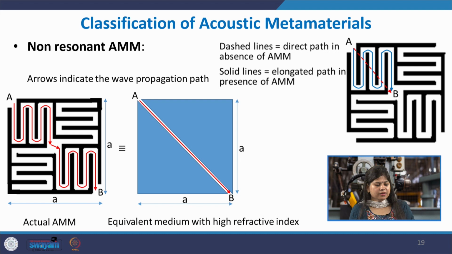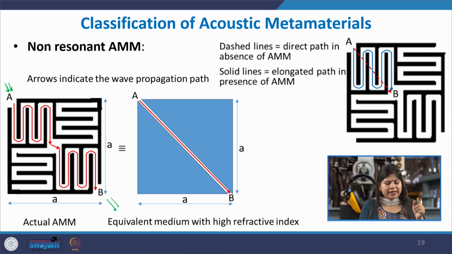So, let us see here, we have a point A where the wave is incident, and then it has to come out from point B. Instead of air as the medium between A and B, now we have this complicated structure, and this shows the cross sectional view of that structure. Okay, it is covered on all the sides.